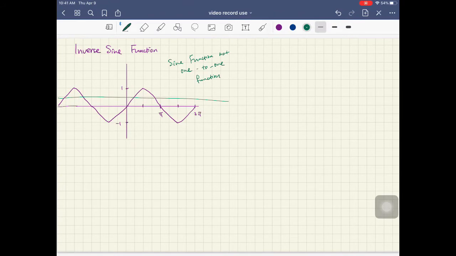Not only the sine function, all the trig functions have the same property because they are periodic functions. They repeat themselves, even within one period, so it's still not a one-to-one function.